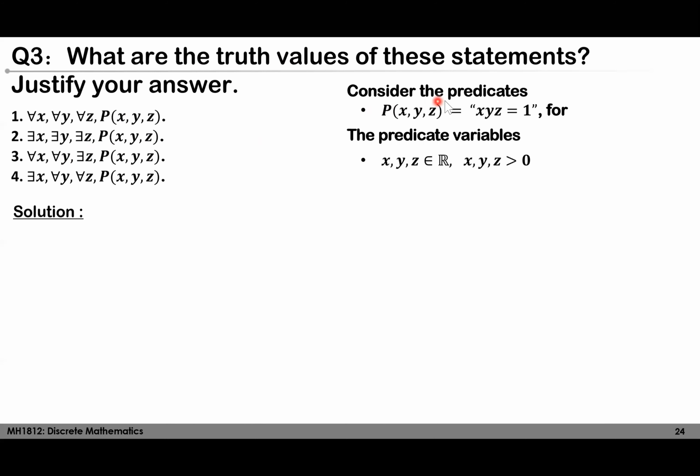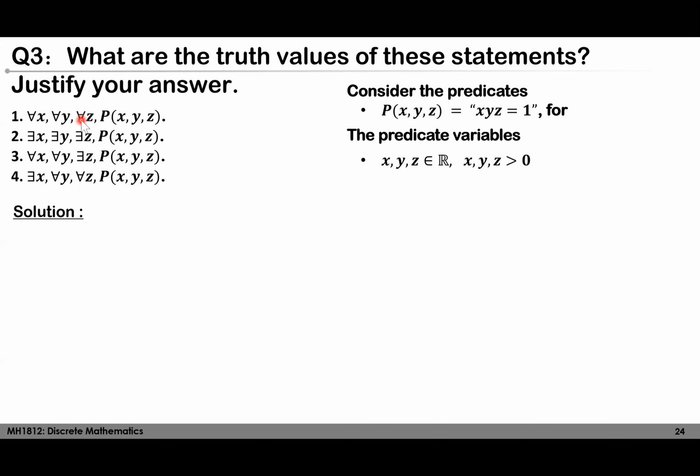So consider the predicate P of x, y, z means the product of x, y, z equals 1, in which there are 3 predicate variables x, y, z. They are real numbers and they are positive.